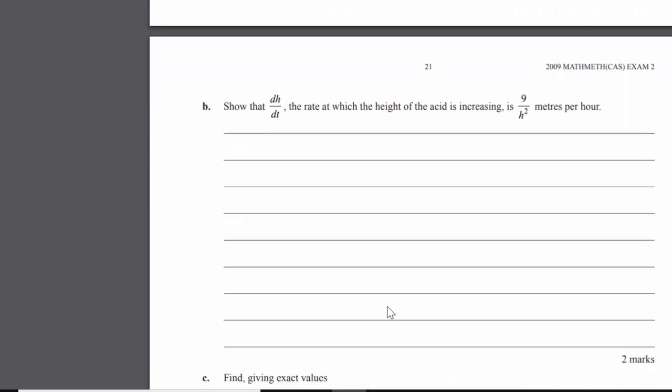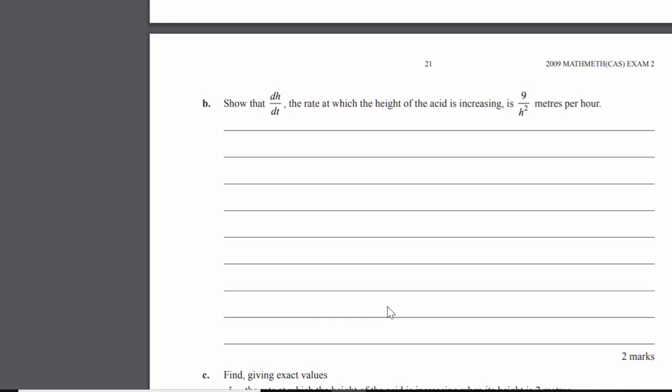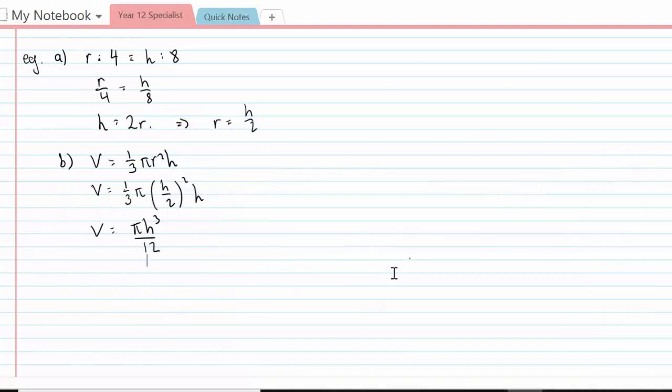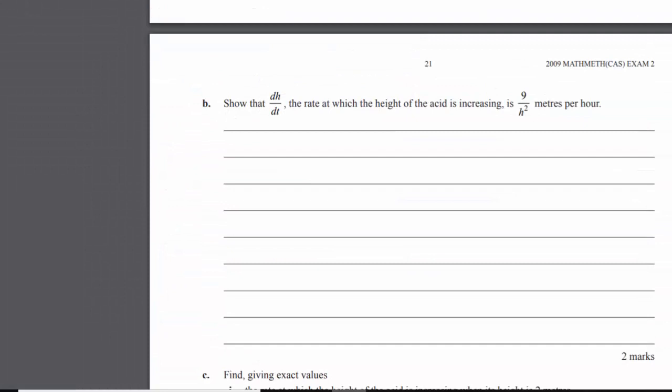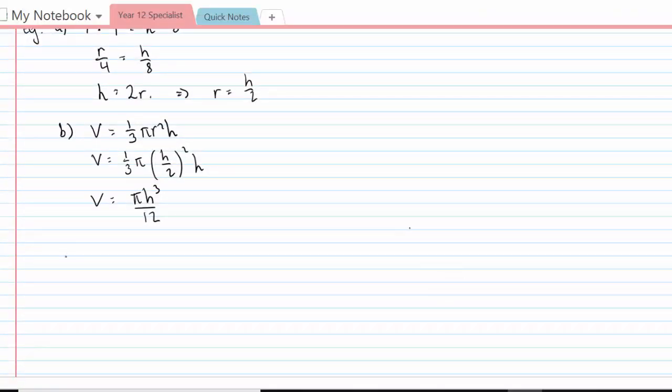Show that dH dt is increasing at 9 on h squared meters per hour. Rightio. So let me just check that again. So we want dH dt. Now looking at this, I should be able to get dV dH.